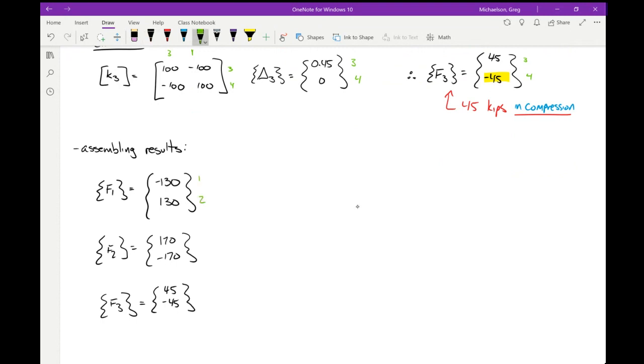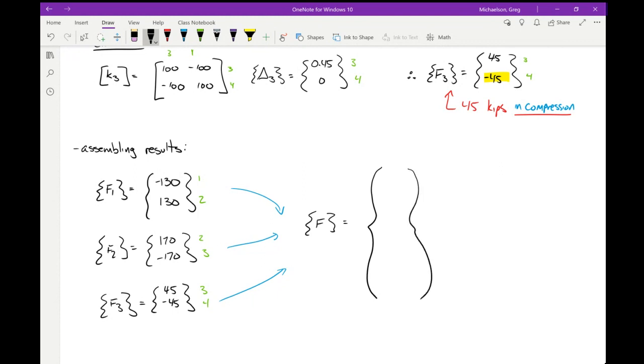So 1, 2, 2, 3, 3, 4. Now I'm curious if the chat can help me. What do you get when you assemble these results? And what do I mean by assemble? There's going to be a 1, a 2, a 3, a 4. I could do a little better on that little squiggly bracket. So we're going to have F1, F2, F3.